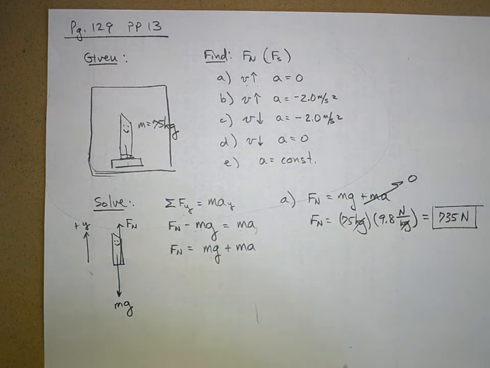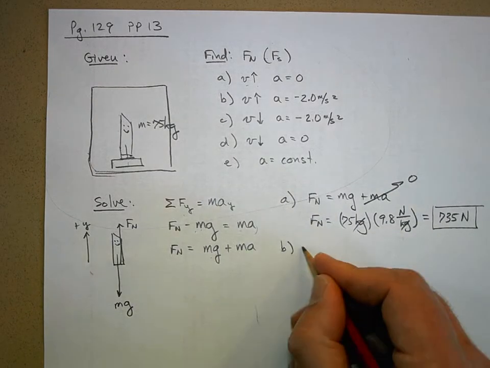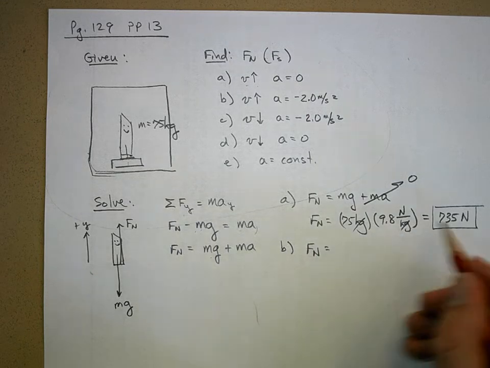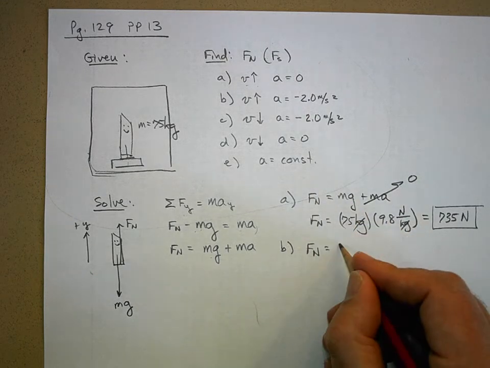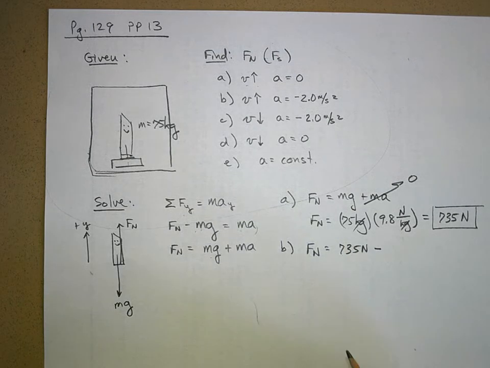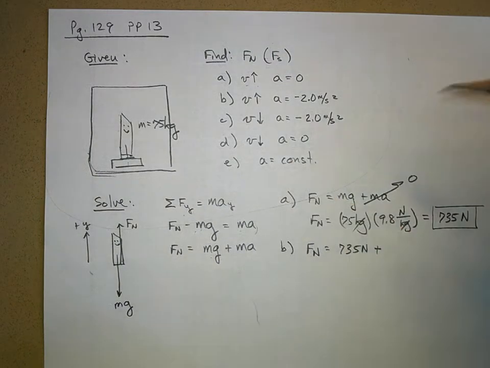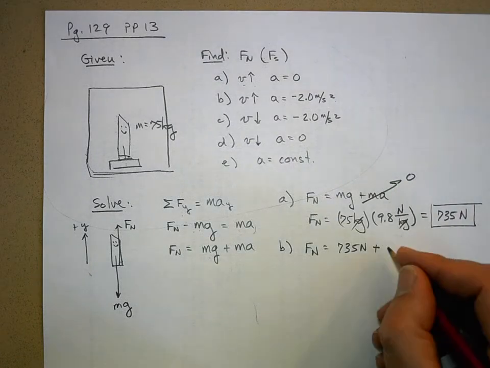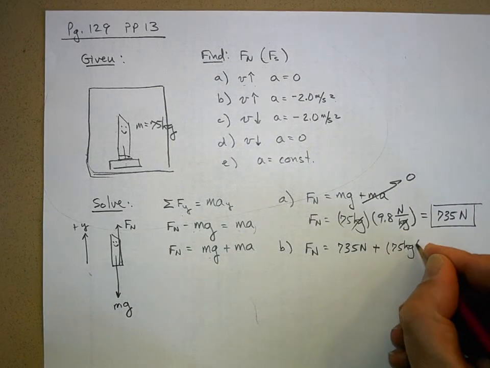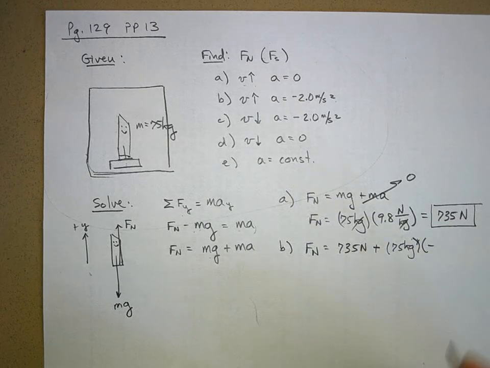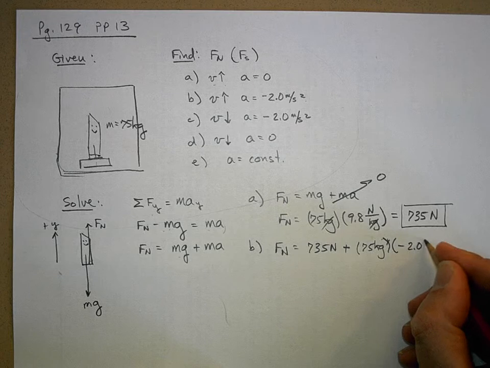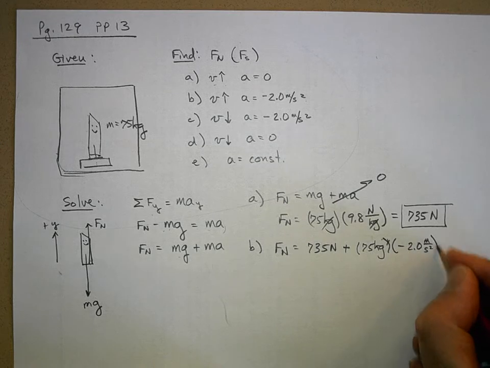Okay. Now for part B, the normal force is equal to the weight, which I already know, mg, is now 735 newtons, plus ma, but a is negative 2. So this is going to be 75 kilograms times negative 2.0 meters per second squared.